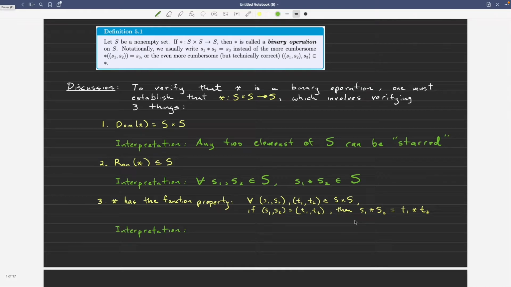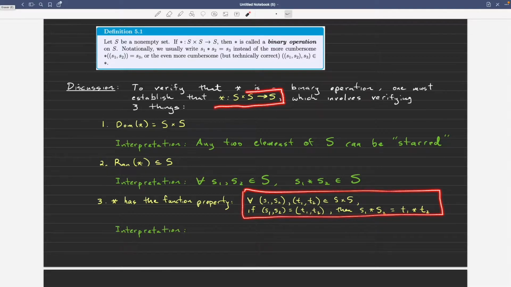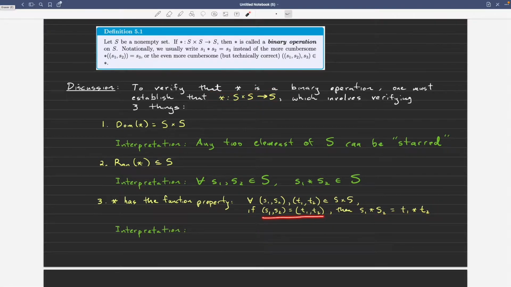And then lastly, we have that star has the function property. We know what that means technically when we think of star as a function from S cross S to S. It means that whenever you have two ordered pairs that are equal in S cross S, and you plug those into star, you get equal results, which we have this notation for. We can think about this in a slightly easier way, because when those ordered pairs are equal, it means their corresponding components are equal.